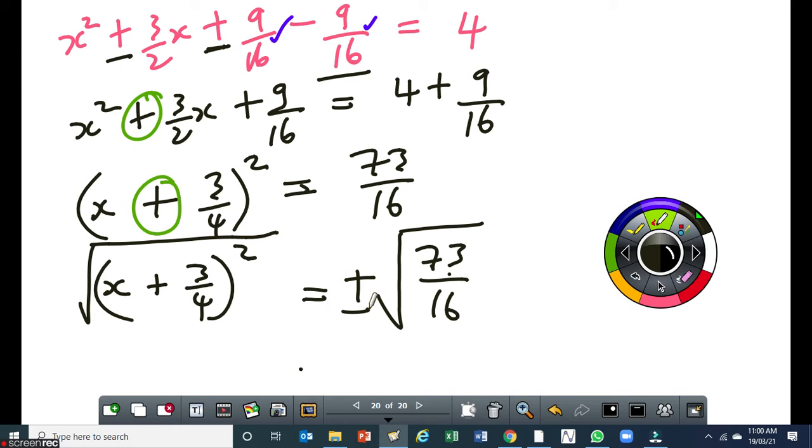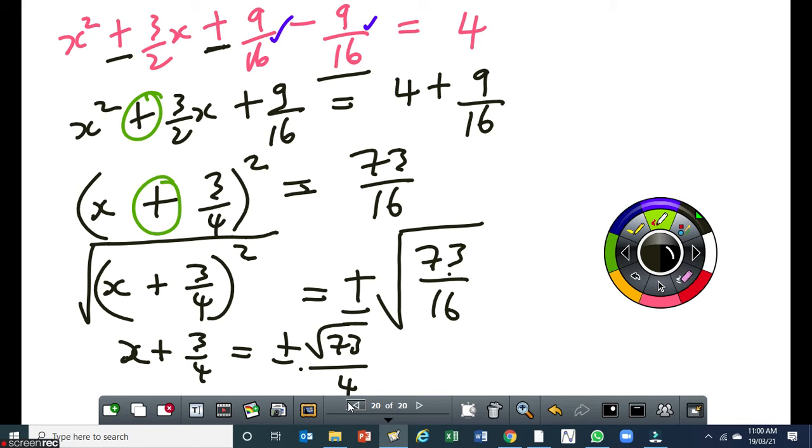There are two of them. One is negative, the other one is positive. Once you get here, on the left hand side, you end up having x plus 3 over 4 is equal to, now that one I can write as plus or minus the square root of 73 over 4, because 16 is a perfect square. Okay, 73 is not a perfect square.